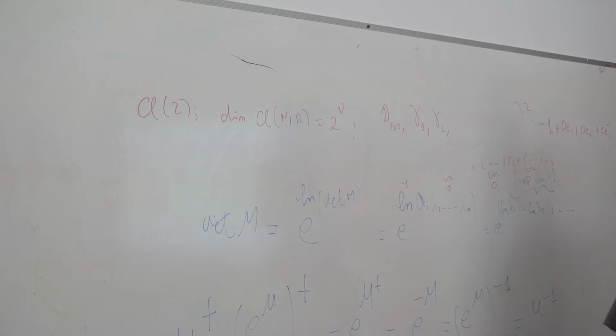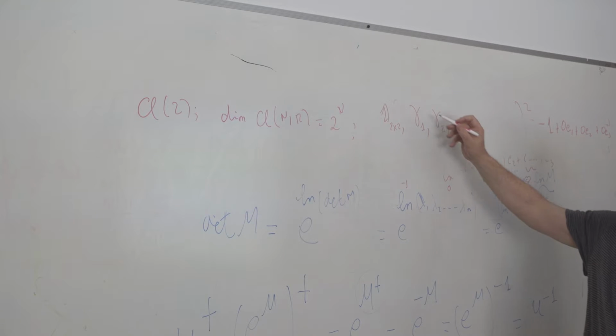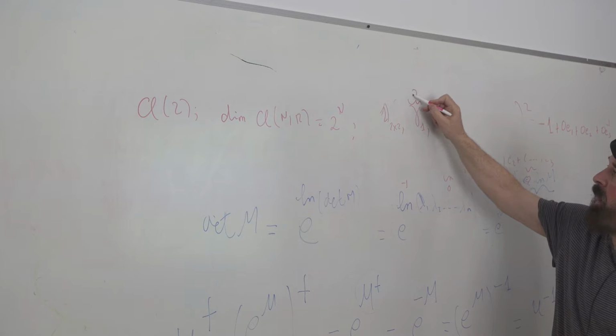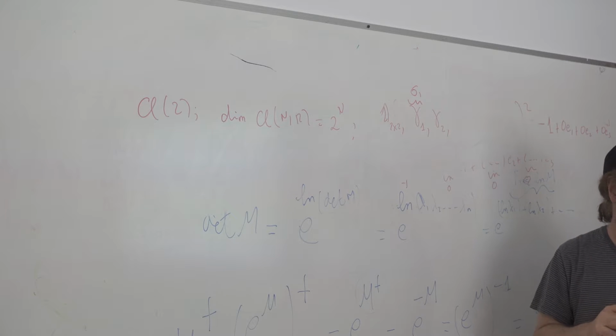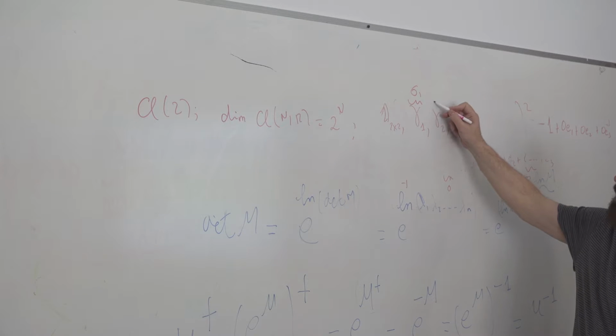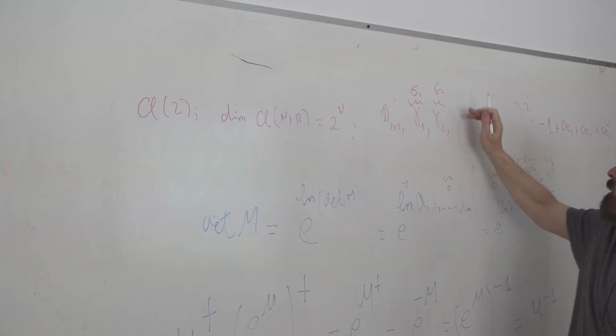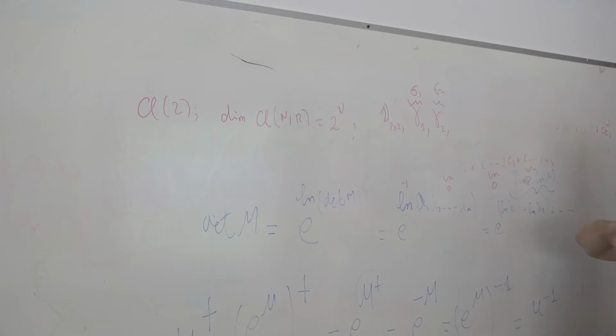This is what people use. In 2 dimensions, gamma 1 is the Pauli spin matrix 1, and gamma 2 is the Pauli spin matrix 2. And as Andrew has been teaching you, in 2 dimensions you could have the antisymmetric product of 1 and 2, which is like an area.